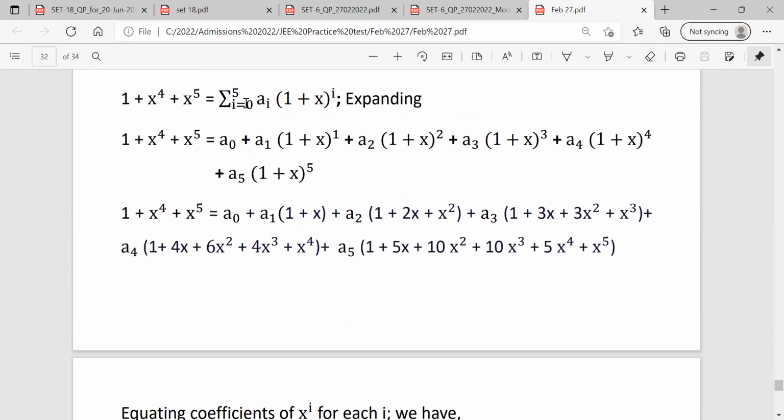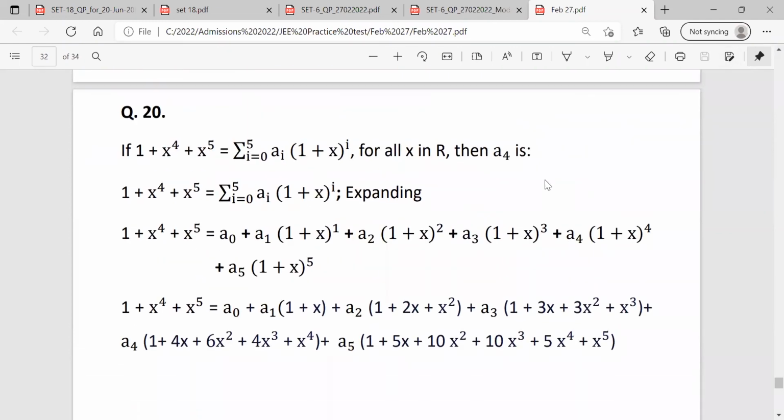So I'll expand all these things: (1 plus x) whole square, (1 plus x) whole cube, (1 plus x) raised to 4, and (1 plus x) raised to 5. In the question, they are asking us to find out the value of a4.